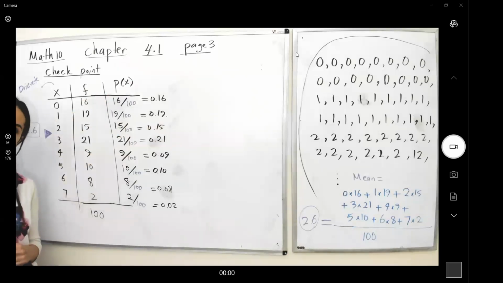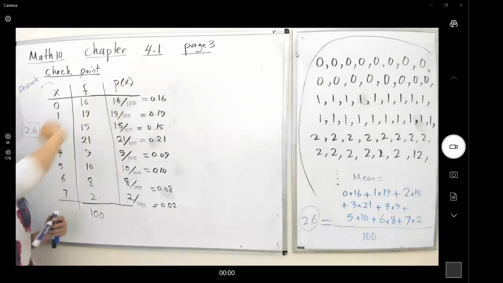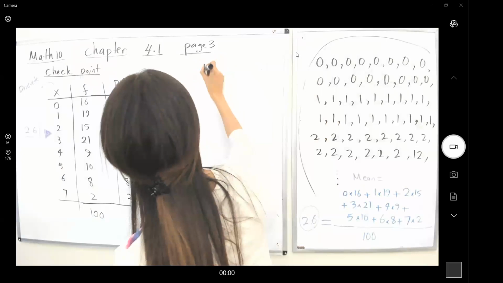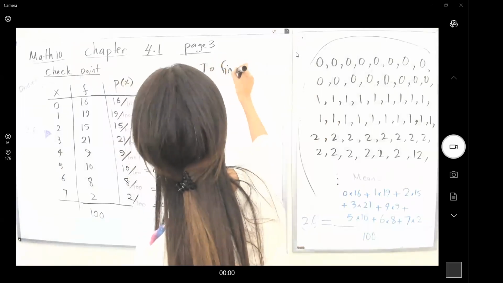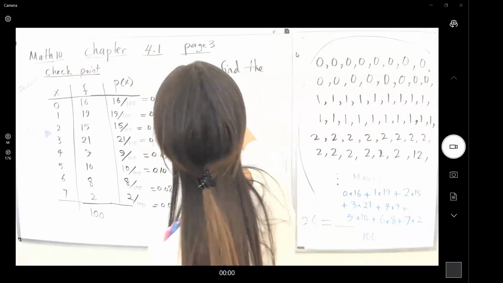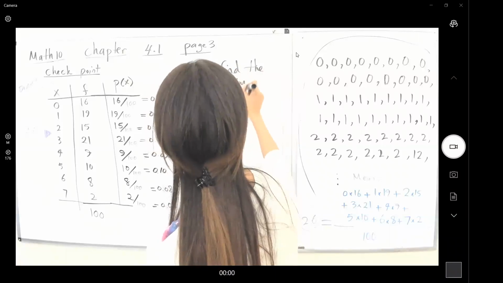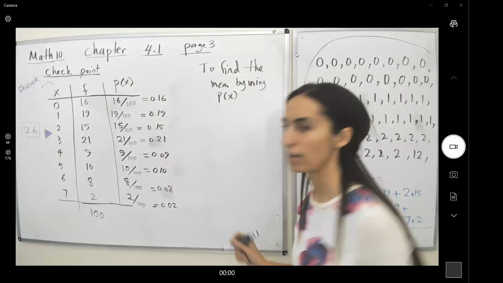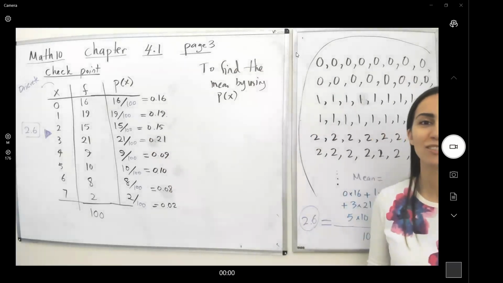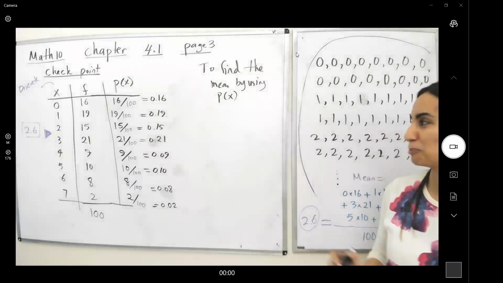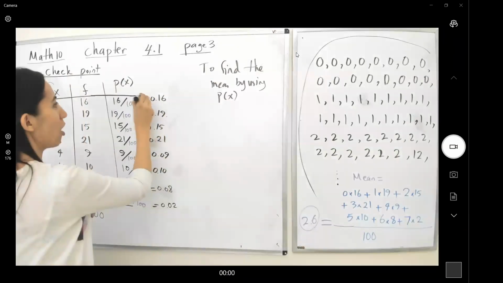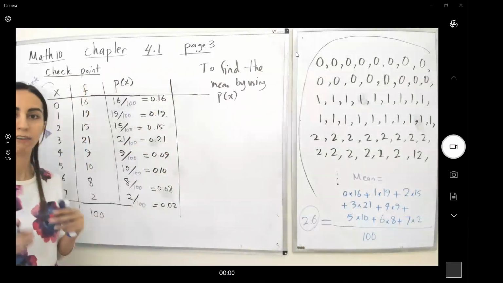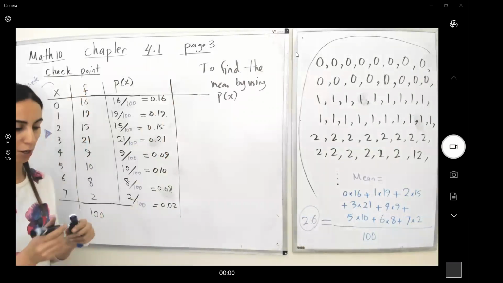Now, how do we use this information to find the mean by using the probability? By using p of x, we have to create a new column. This new column is the product of x and p of x.